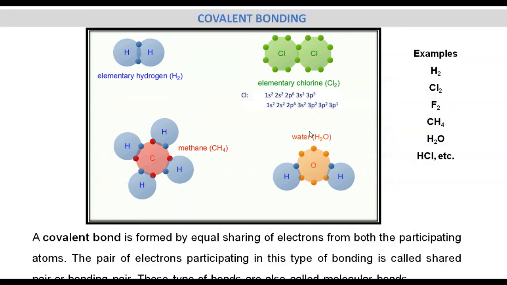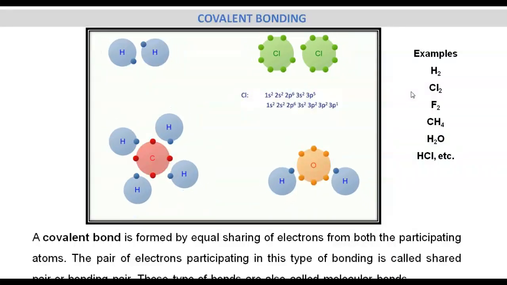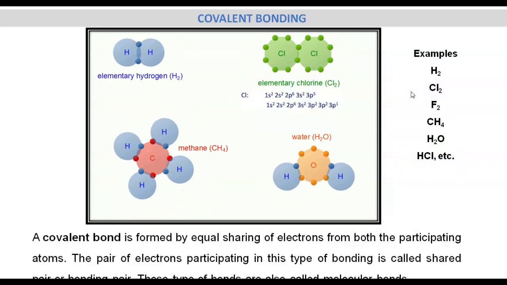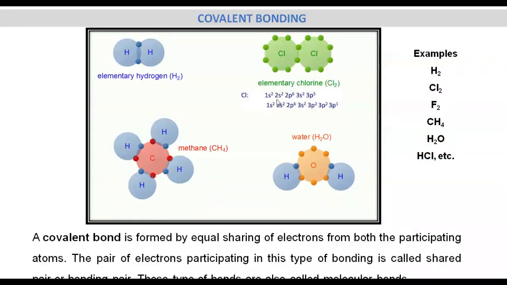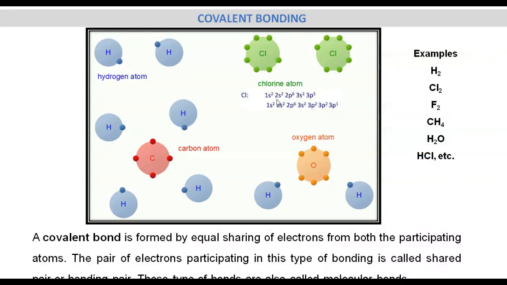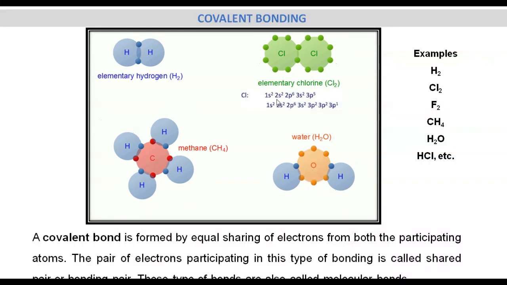a stable electronic configuration. For example, take chlorine, a halogen, which needs one electron to attain the stable electronic configuration. The electronic configuration of chlorine is 1s2, 2s2, 2p6, 3s2, 3p5. In the third shell we have 7 electrons, so we need 1 electron to attain the stable electronic configuration.